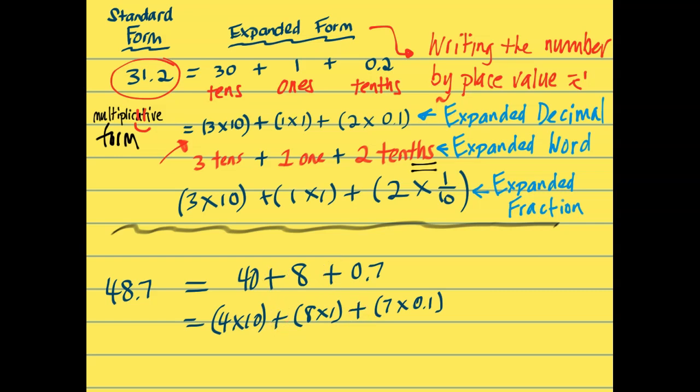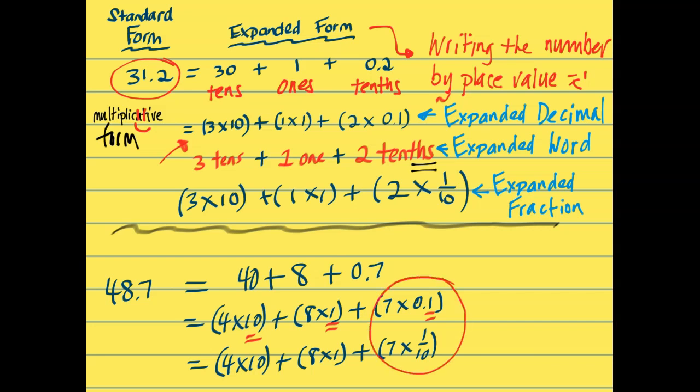Okay, so there we go. So 48 and 7 tenths looks like this as a multiplicative decimal form. And by the same token, looks like this in a multiplicative fraction form. Notice the only difference between those two sequences shows up right here. In one case, you're showing this in decimal form, and in the other case, the fraction form.